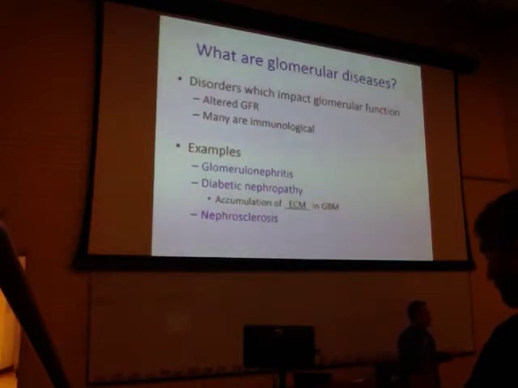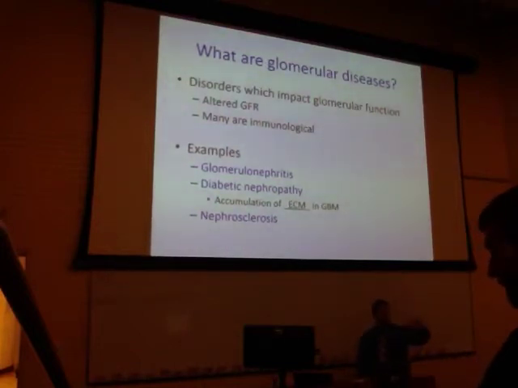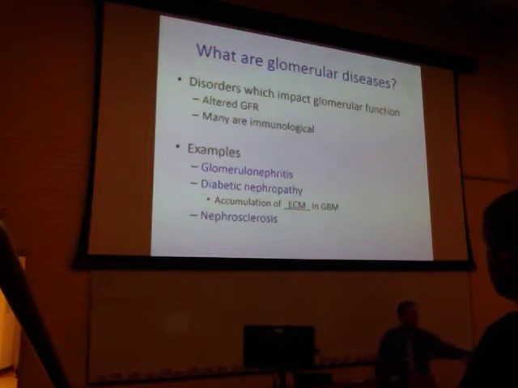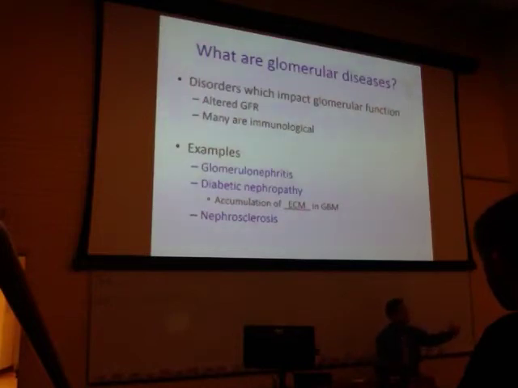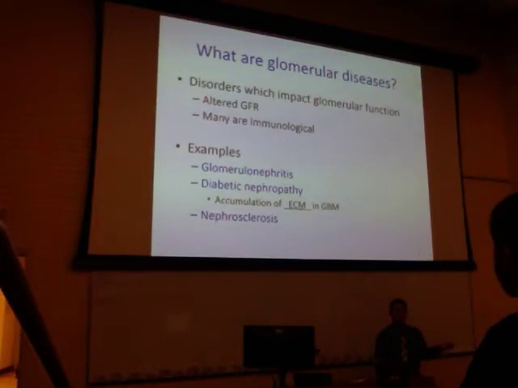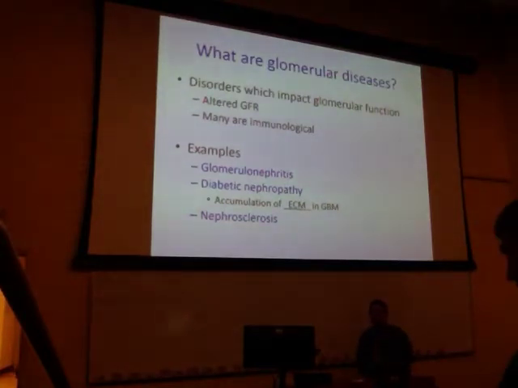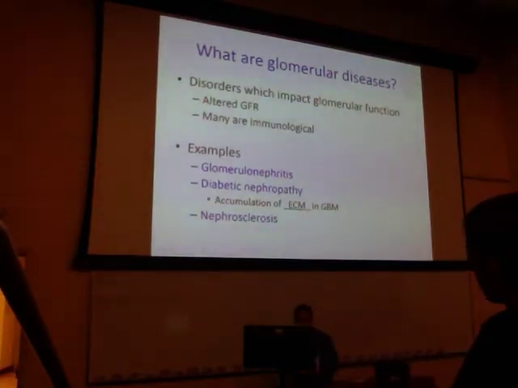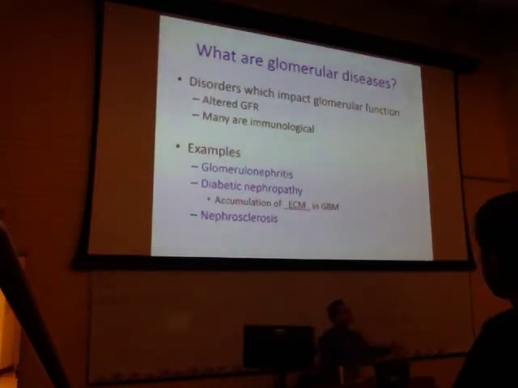Make sense? So when you give a urine sample for a healthy visit or a wellness visit, or if you're not feeling well, they're not just looking for stuff in there. They're also going to look at the amount of urine that's produced. Many of these diseases are immunological in nature, hence why we cover the immune system.